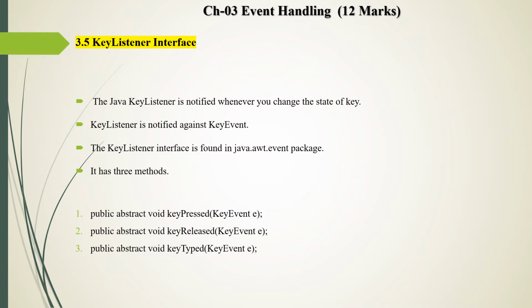These keys are used as modifiers, also called modifier keys, which do not type any character or number on your screen. So all keys are divided into two types: some keys are only type keys and some keys are only press keys. And when you press some key and release some key, these methods are executed.